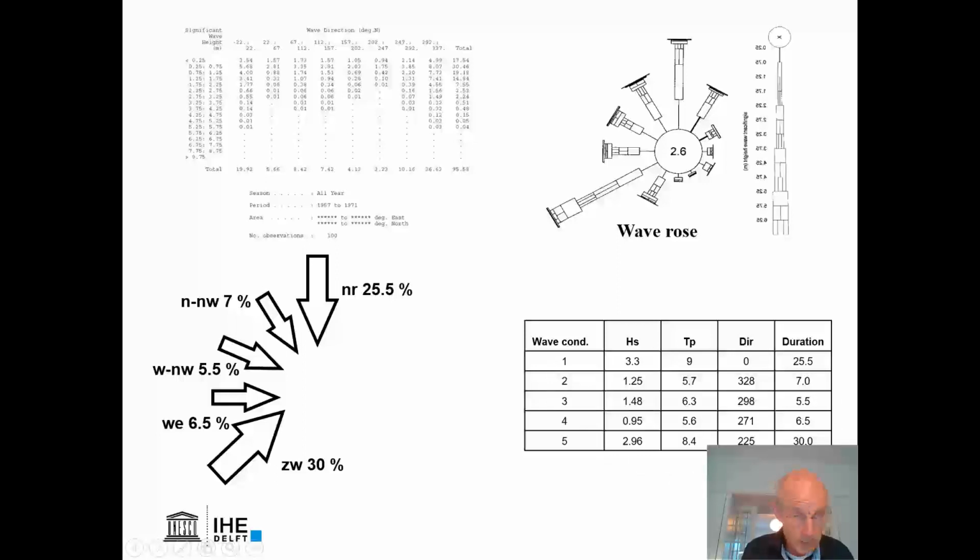But the take-home point now is to realize that we cannot afford to just run time series of waves over the whole year. We have to strongly simplify the wave climate in order to make it manageable.